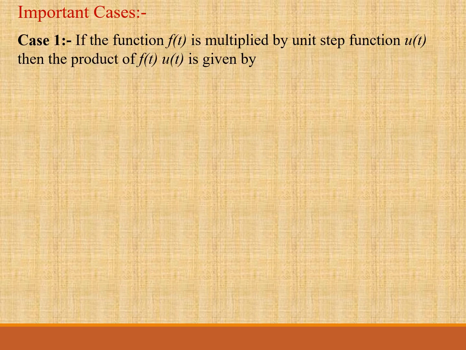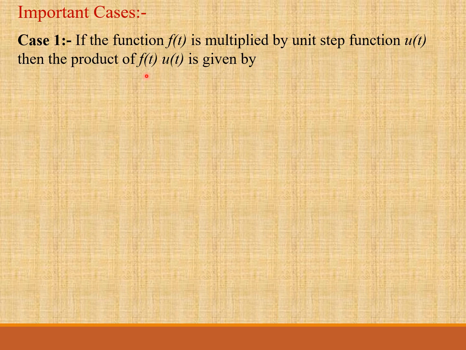Now there are a few important cases that we have to discuss with this unit step function. The first case is if the function f of t is multiplied by the unit step function u of t.